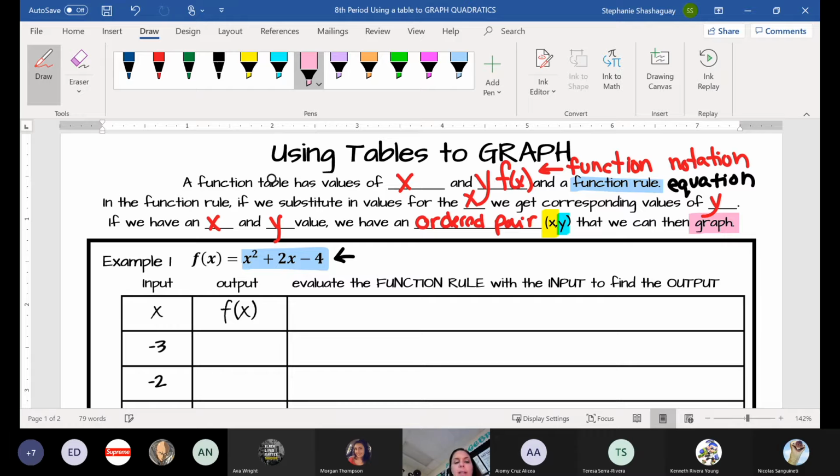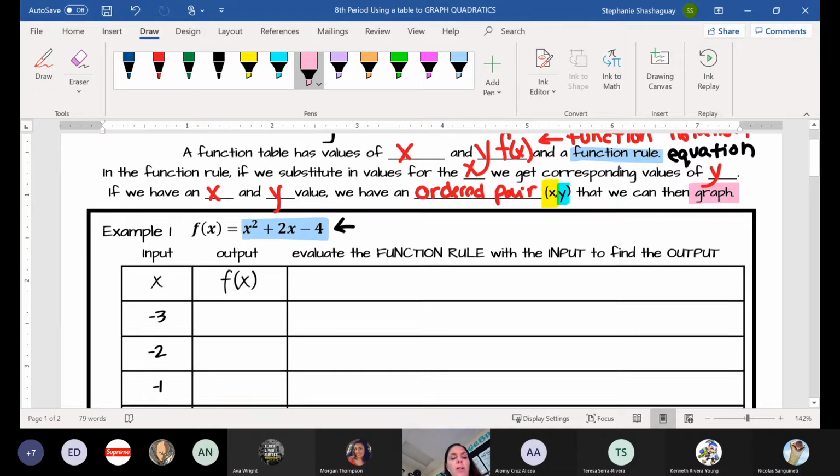And like I said, this can be used to graph any type of function. So whether they gave us a linear function, a quadratic function, or an exponential function, you can always use a table to graph that function. So here's our table. We have x values.